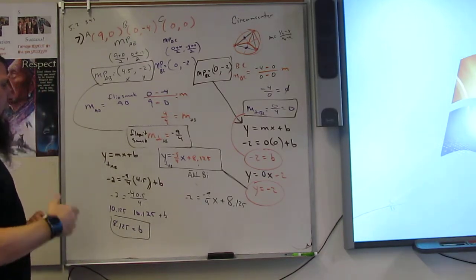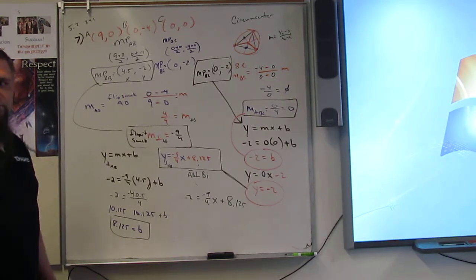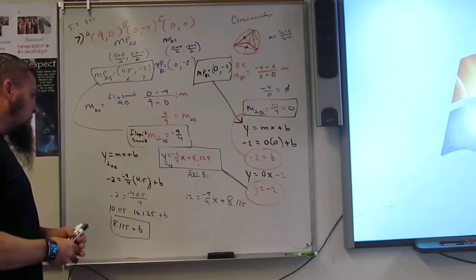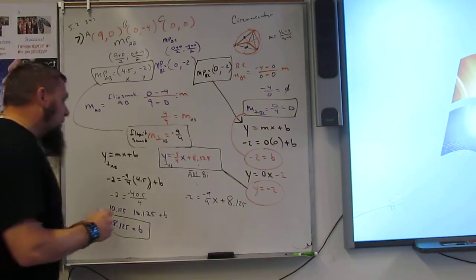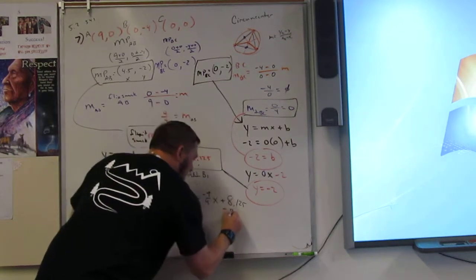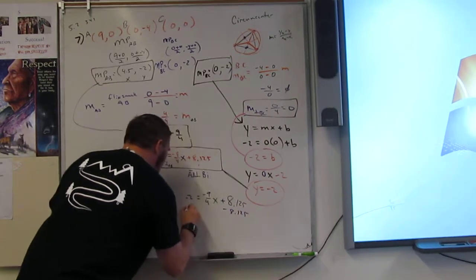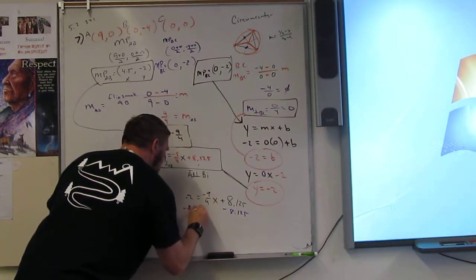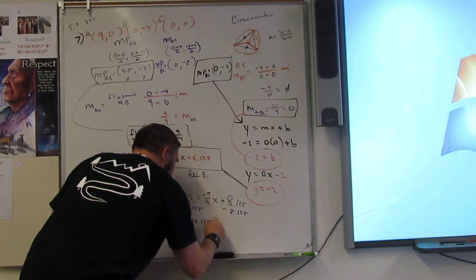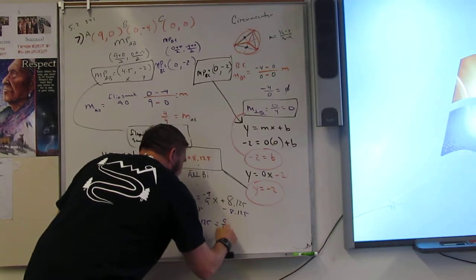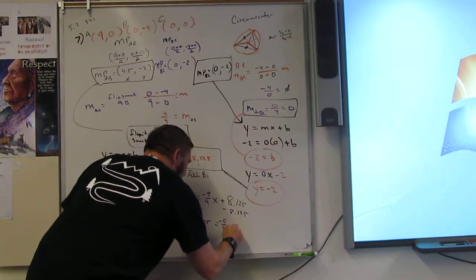And to do that, I just subtract 8.125 from both sides. Well, that's -10.125 is equal to -9/4x.